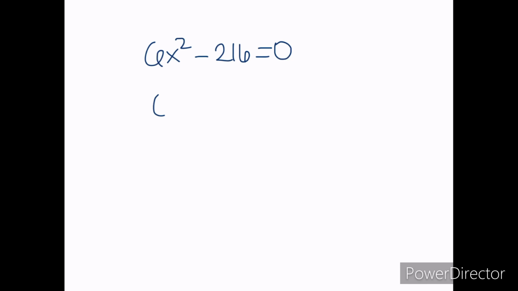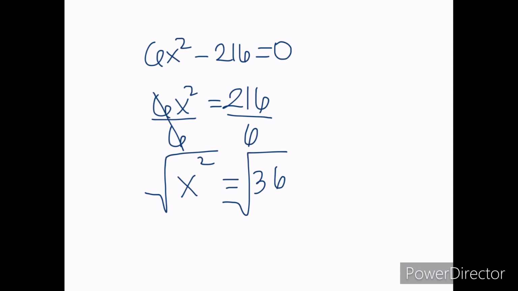Get the square root of both sides of the equation: the square root of x squared and the square root of 36. So the square root of x squared is x, is equal to the square root of 36, which is positive negative 6. Therefore, the solution to 6x squared minus 216 equals 0 is positive 6 and negative 6.